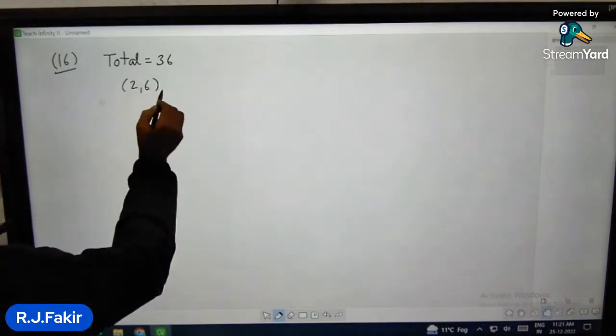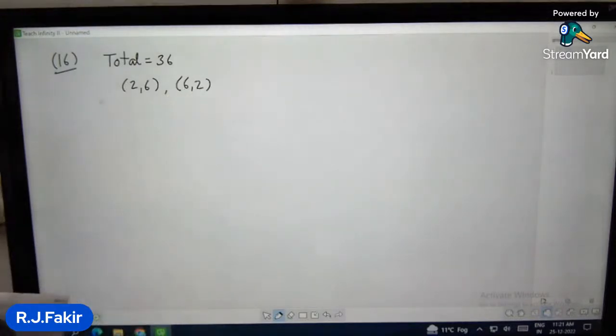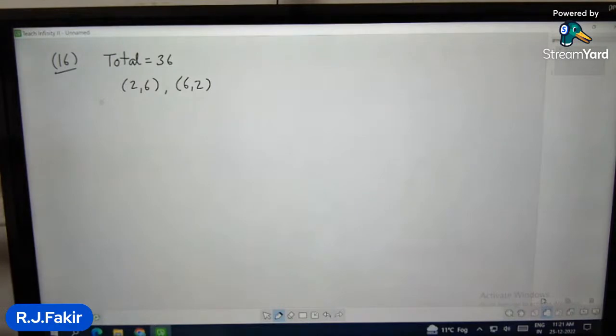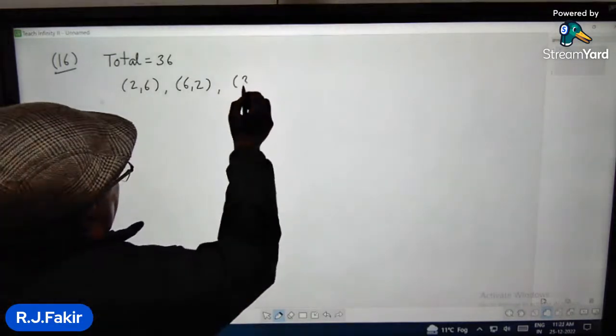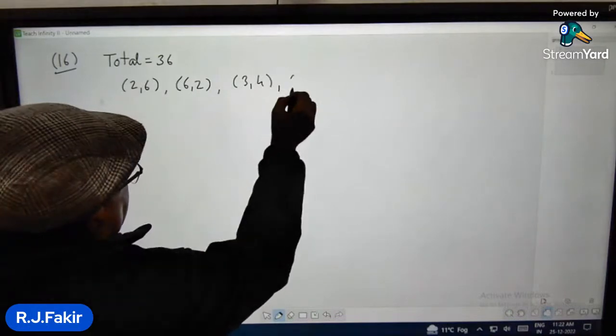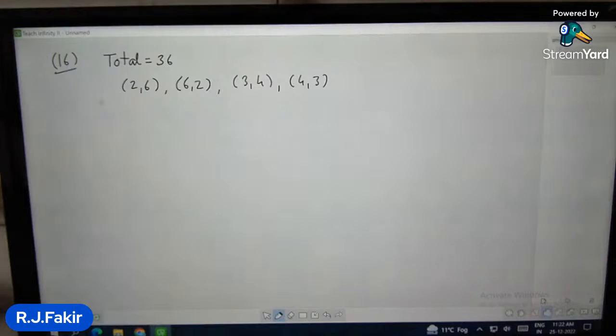Another possibility is 6, 2. What else we can have? This is 3 and 4, and also 4 and 3. So total 4 combinations we have where we can get the product of 12.